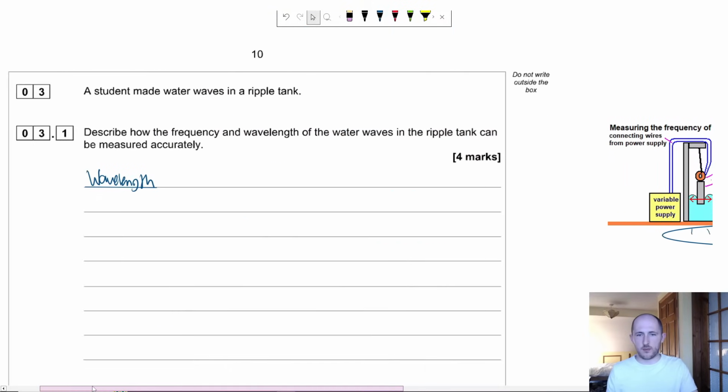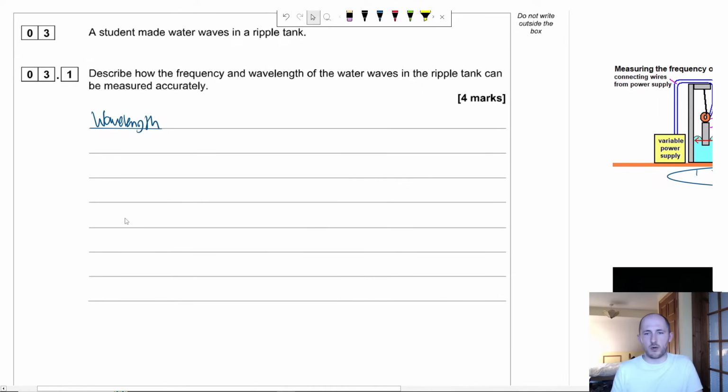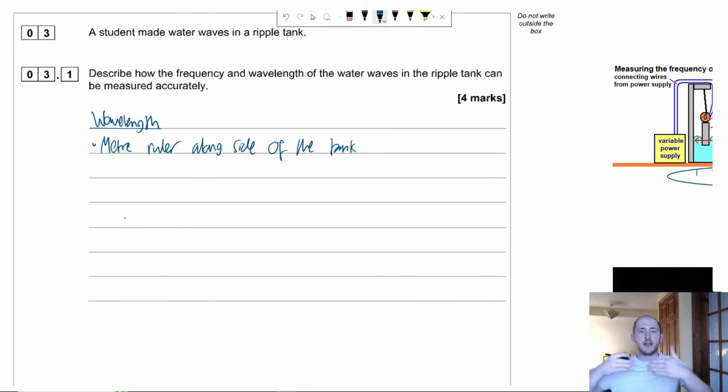So let's actually write out what we're talking about here. What you want is to have a meter ruler along the side of the tank. You can also describe this as perpendicular to the actual wavefront itself, but you don't really need to say that.